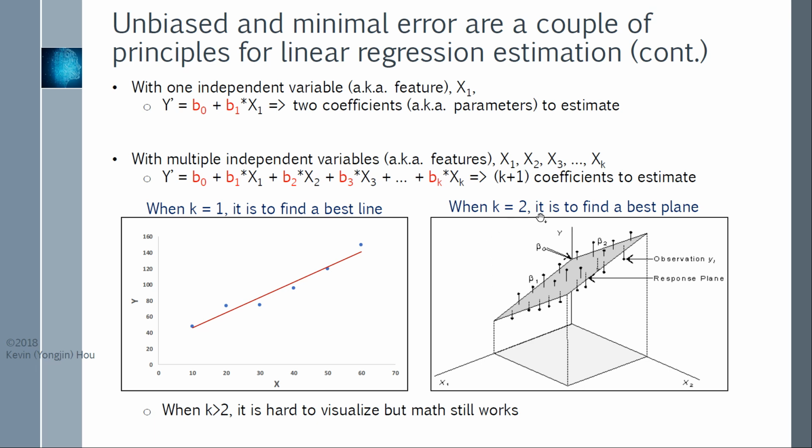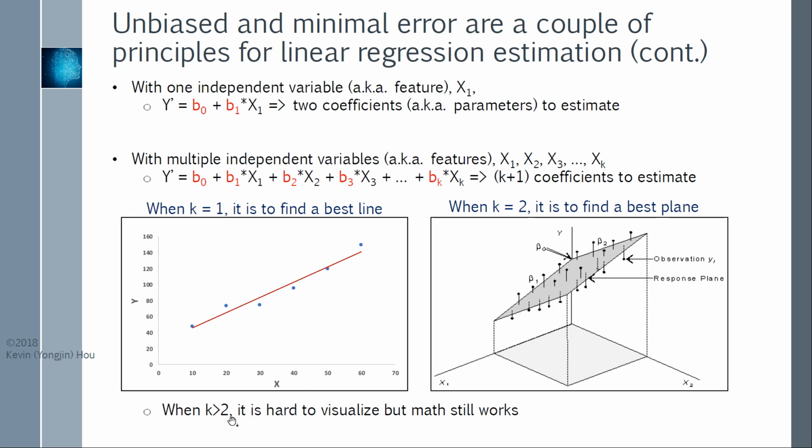When k is equal to 2, we have two independent variables and three parameters, b0, b1, b2, also denoted as beta 0, beta 1, beta 2. Beta or b, they are equivalent. In this case, you can visualize that the best linear regression is to find the best plane that fits all the observations with minimal prediction errors, or with the lowest cost.